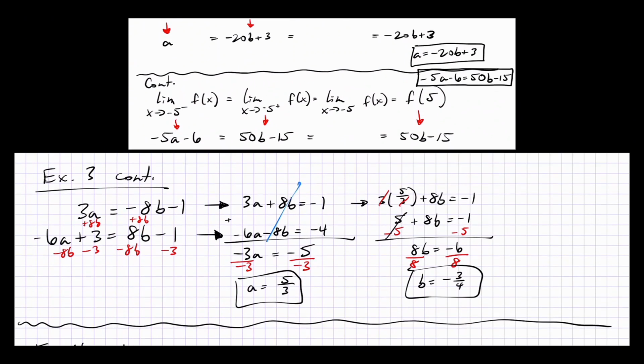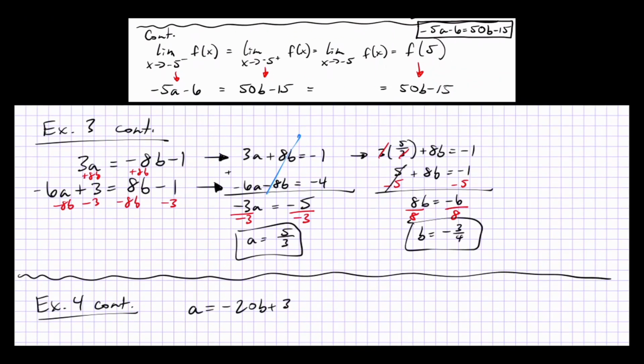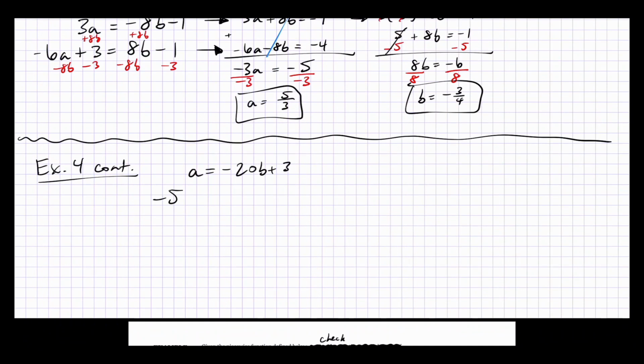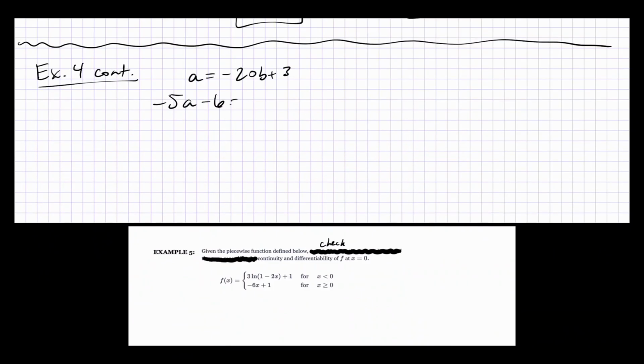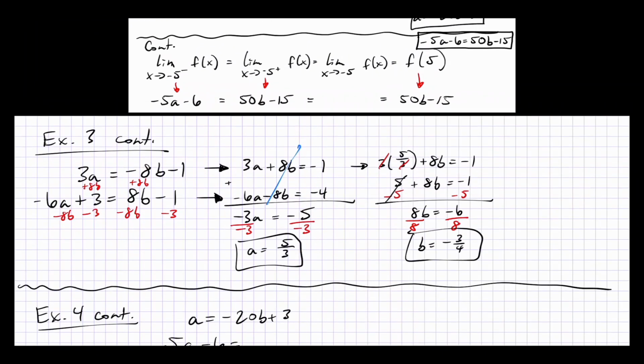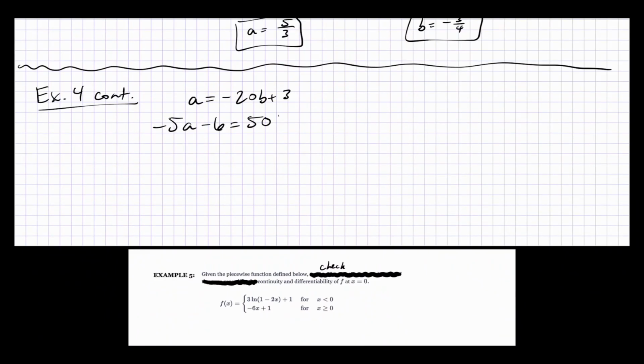And then the other one is negative 5A minus 6 equals 50B minus 15. Okay, those are the two equations.